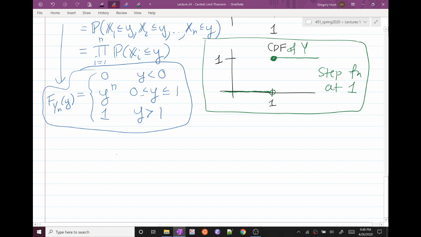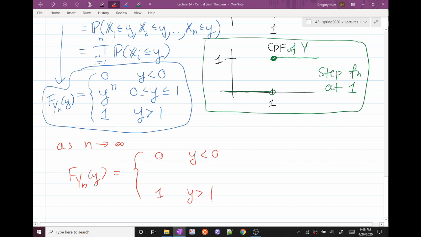And so the argument you have to make now is that as n goes to infinity, F sub Y n of little y goes to what? Well, if little y is less than 0 or little y is greater than 1, that doesn't change.